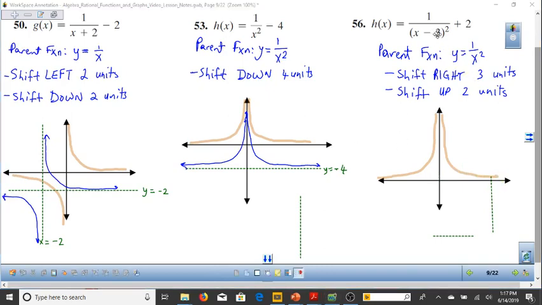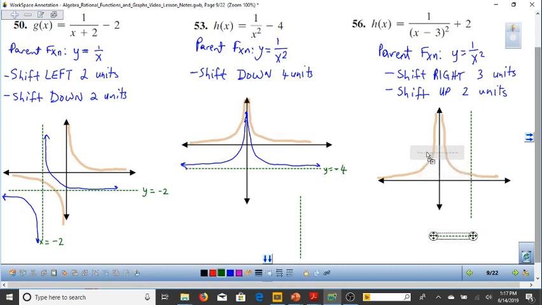Since we shift the graph to the right 3 units, the vertical asymptote is going to be shifted as well. The horizontal asymptote in that case will stay the same, because shifting the horizontal line to the left or right will keep it the same line. And then this says shift the graph up 2 units. So now my horizontal asymptote is going to be up 2 units.